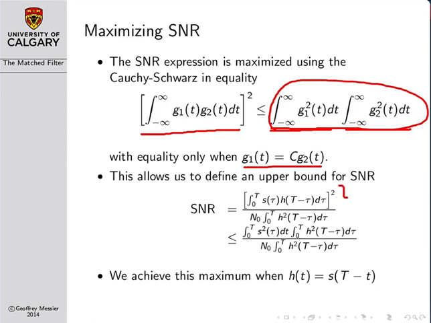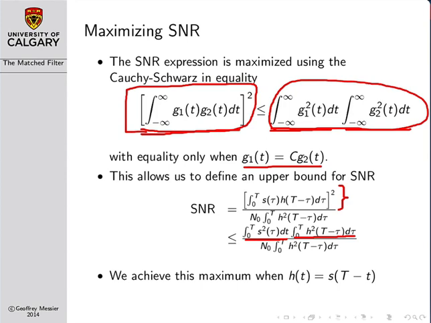So the numerator of the signal-to-noise ratio has the same form as the left-hand side of the Cauchy-Schwarz inequality. And so if we keep the denominator unchanged, signal-to-noise ratio is less than or equal to the integral of the square of the signal multiplied by the integral of the square of the filter.